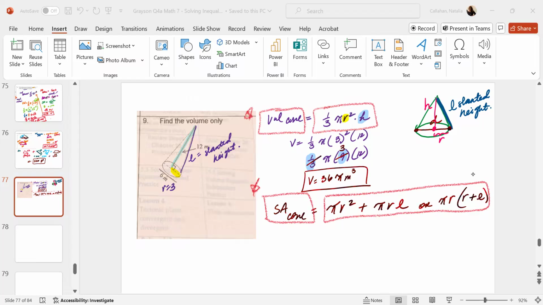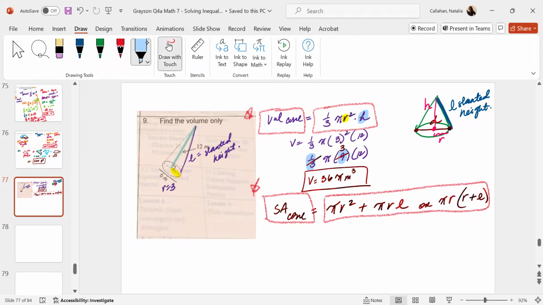So what are the letters that I need for this? Name and radius. Yes, radius. What's the radius of this again? Good. Next one that I need is the L. What does the L stand for? No, slanted height.